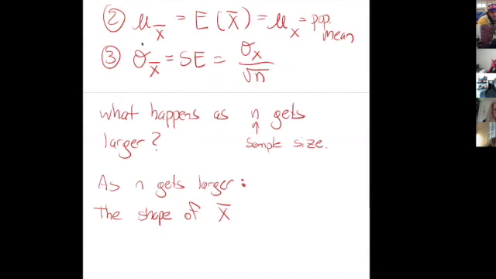As n gets larger and larger and larger, the shape of the sampling distribution for the mean is going to get more normal.